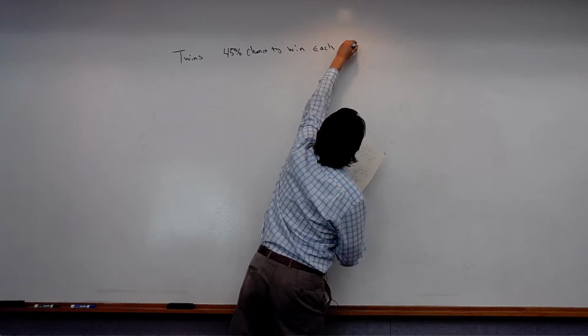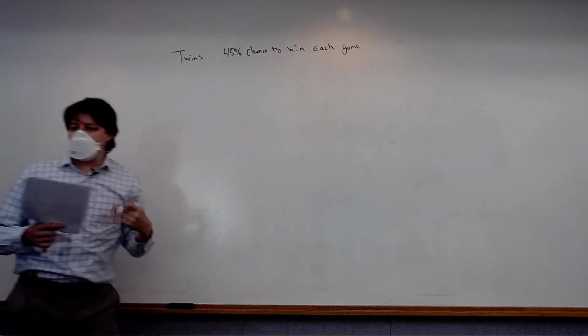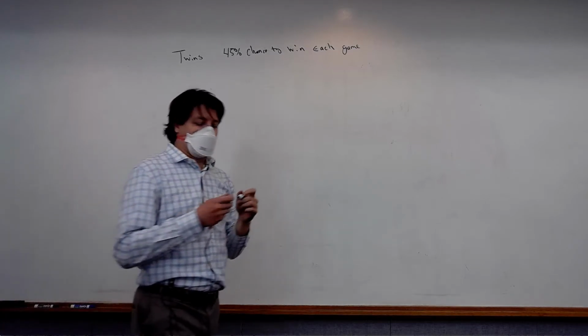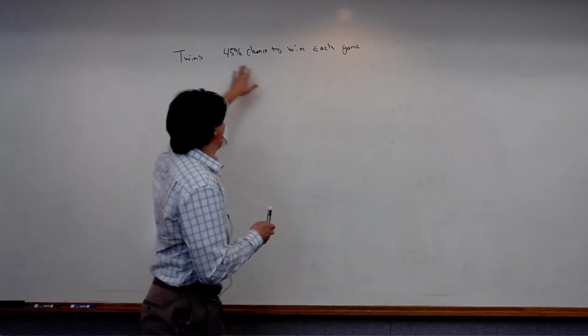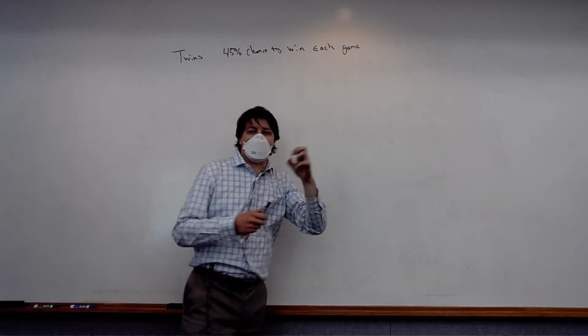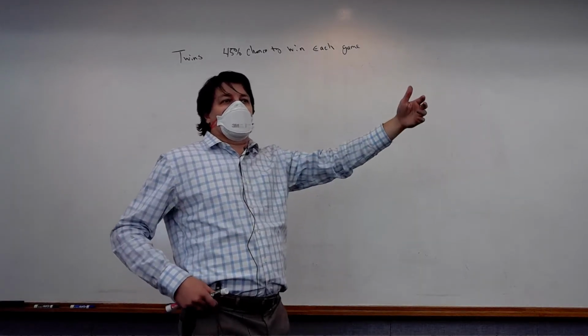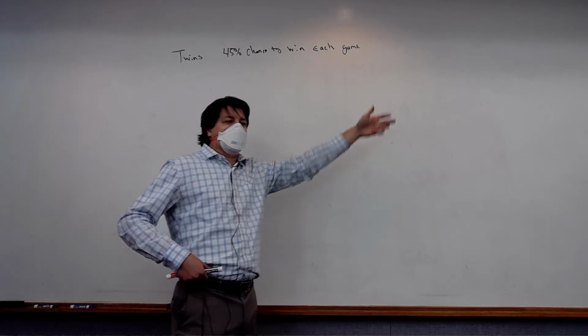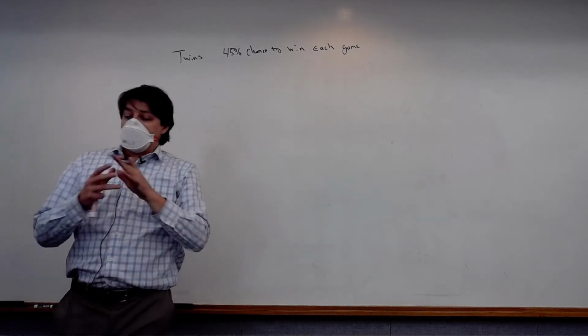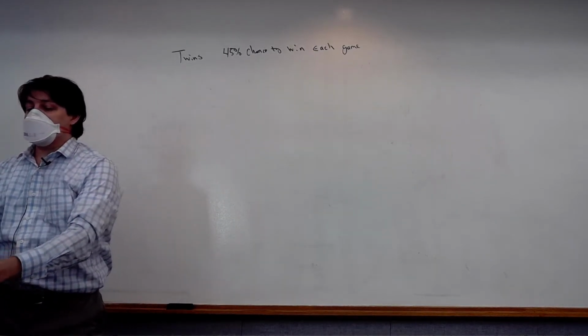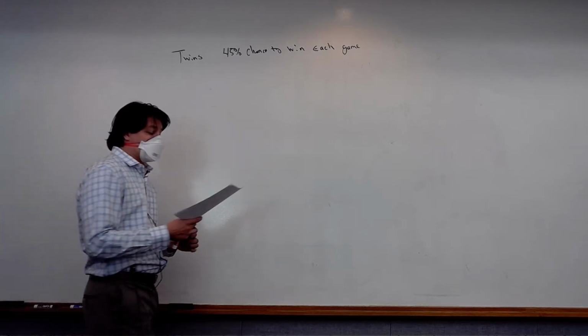Okay, and so a little bit about that, that means that we must be considering this as independent. If I simply give them a 45% chance to win each game, that's not saying they've got a 40%, and then if they win, it's a 60% or something like that. It's just 45% each time. So we are back to independence.